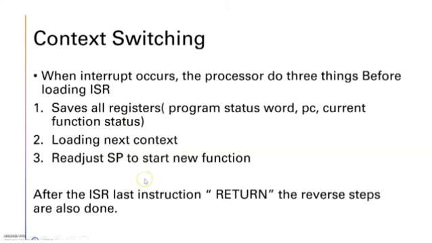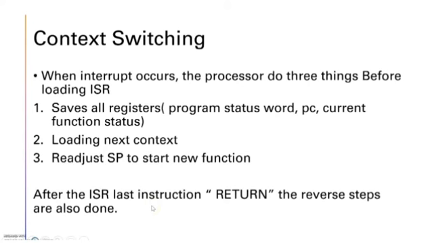Okay, so these two things are called context switching. These first three steps happen when the interrupt is happening, and when the return instruction is encountered, it will again do these three steps, right? That is in the reverse format.